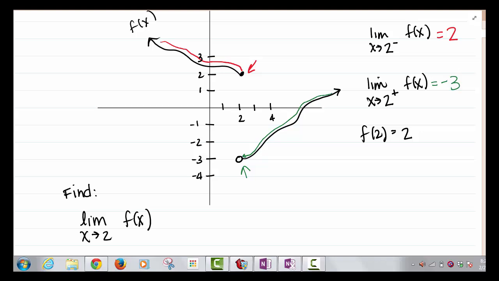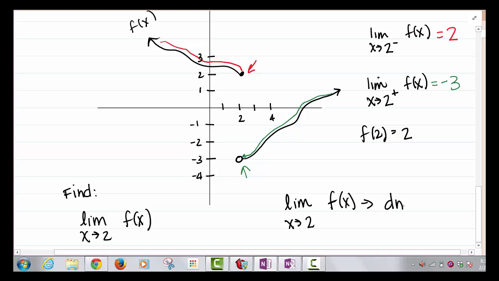So now let's talk about what this means. What is the limit as x approaches 2? When I'm running these roller coasters, it looks like I'm never going to meet. As I come in from the right of 2, I'm going to negative 3. As I come in from the left of 2, I'm going to 2. So the limit as x approaches 2 does not exist, and we can abbreviate that by writing DNE.